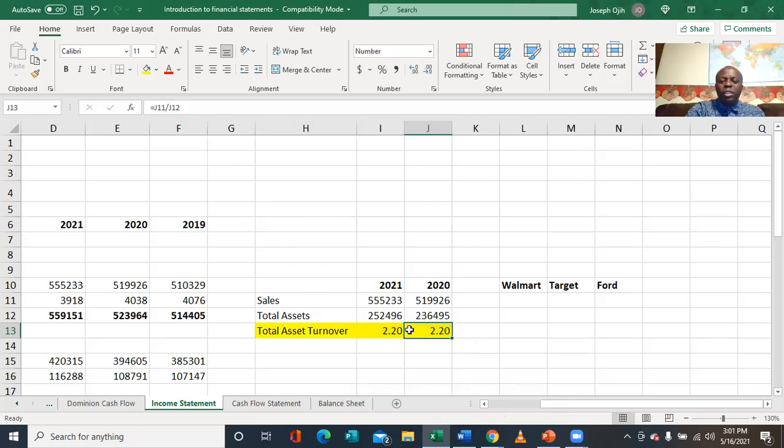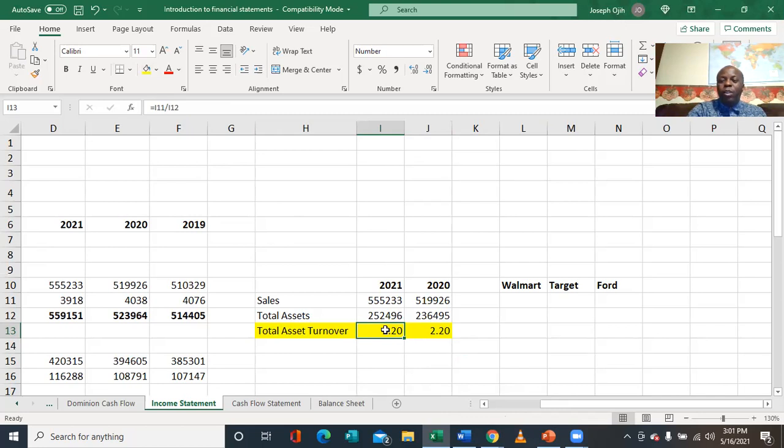Now, what does this mean for Walmart? I will show you the result I have on the PowerPoint. But actually, this means that for each $1 of total assets, Walmart is generating $2.20.